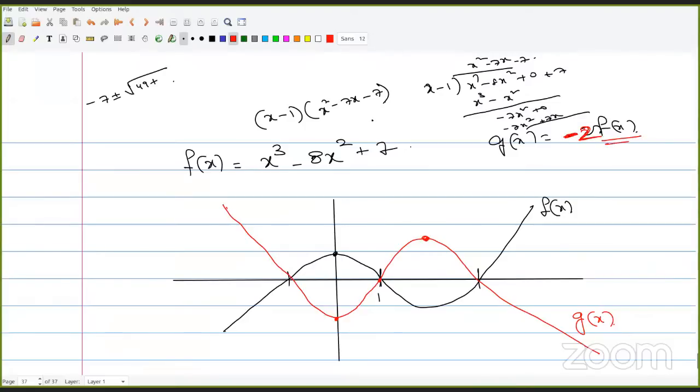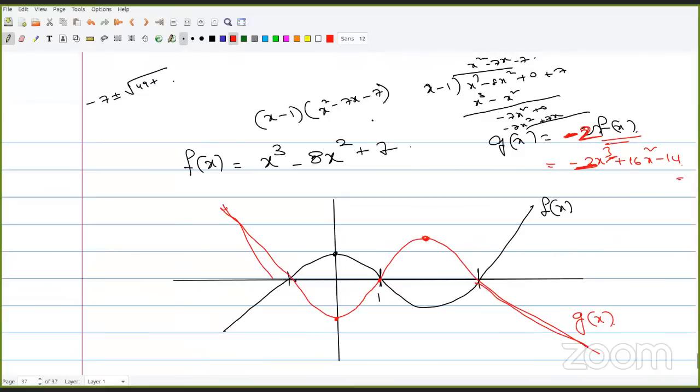So there is a negative sign. So minus 2 times f of x is like minus 2x cube plus 16x square minus 14, right? So it is an odd degree polynomial with a negative leading coefficient. So the end behavior will be like this.